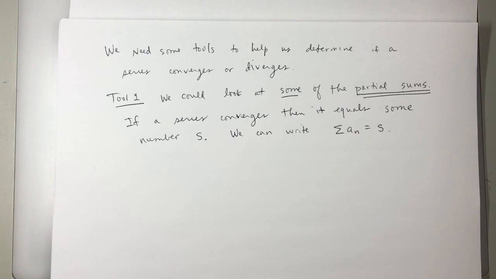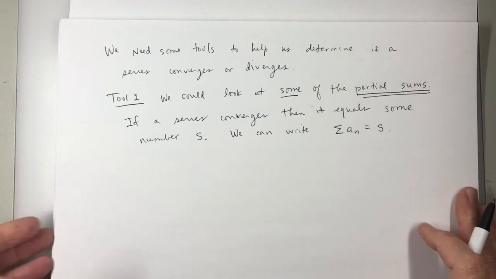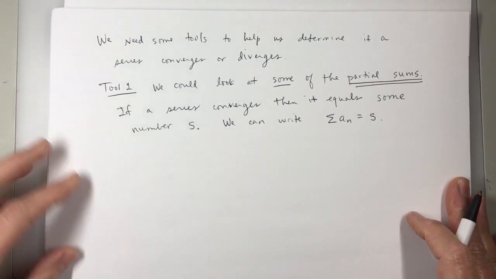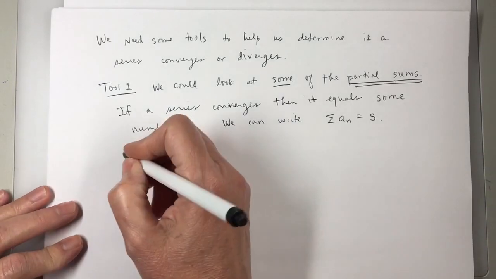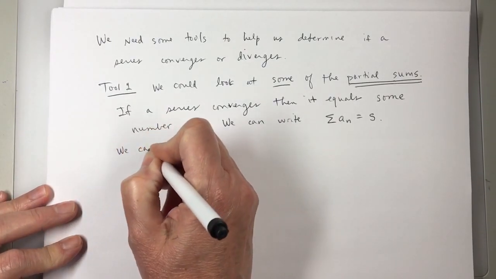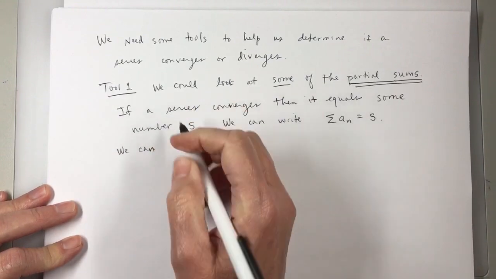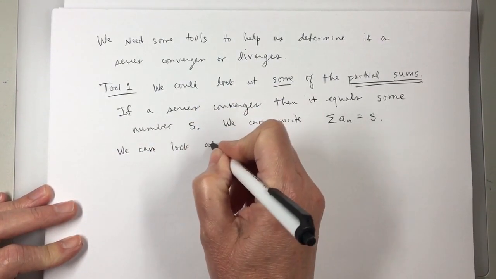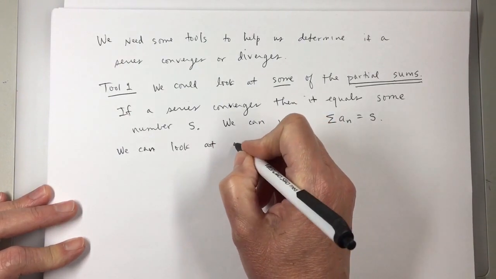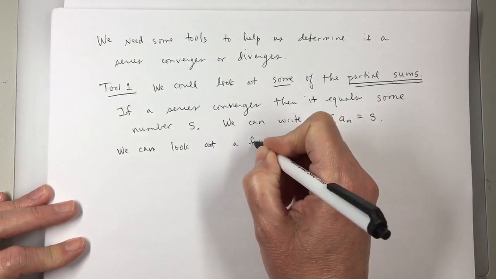So one thing we can do to kind of look at it and try to figure out if the series converges or not is we can look at what we call partial sums. We can look at a few partial sums.